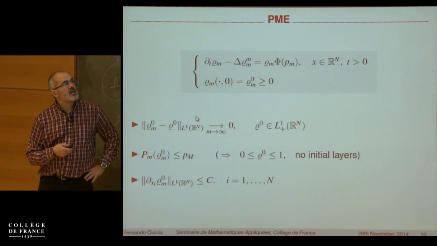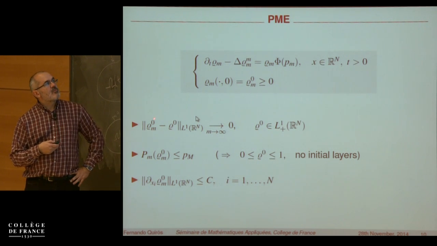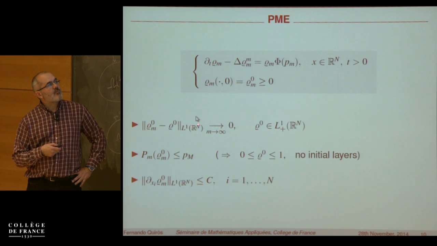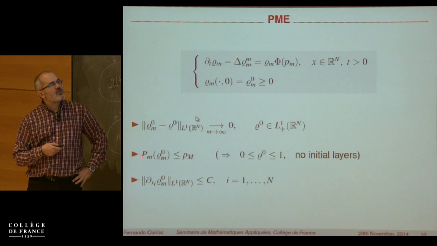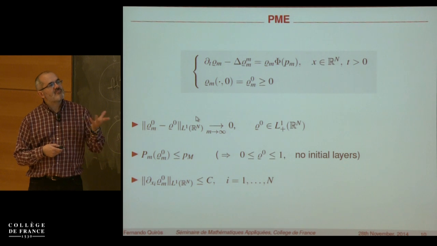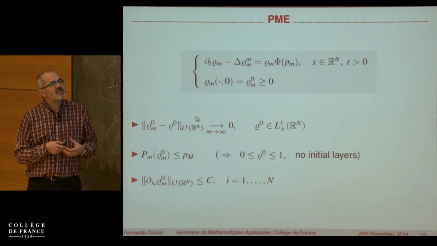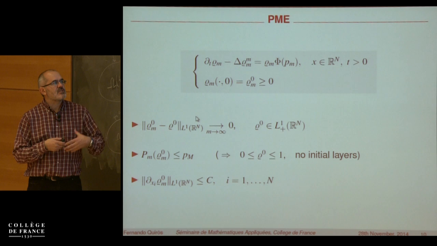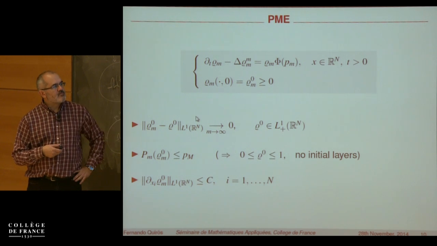So we have to ask for some conditions. We will ask them to converge to something fixed in L1. We will ask the initial data to be such that the pressure of this initial data is below the threshold pressure above which you do not have cancerous cells.